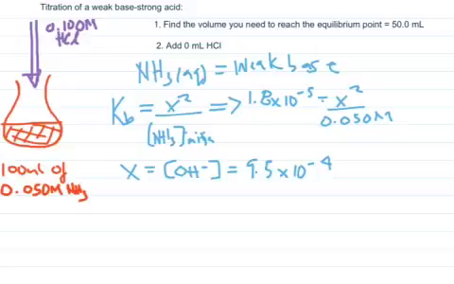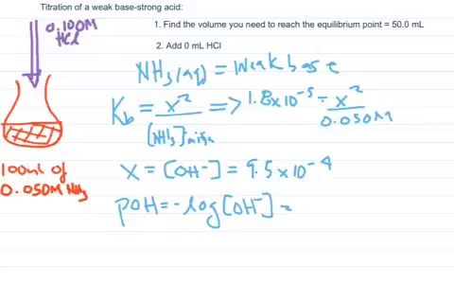Now, because we're looking for pH, we are going to find the pOH, so we're going to use the negative log of the hydroxide, and we're going to get pOH equal to 3.02.